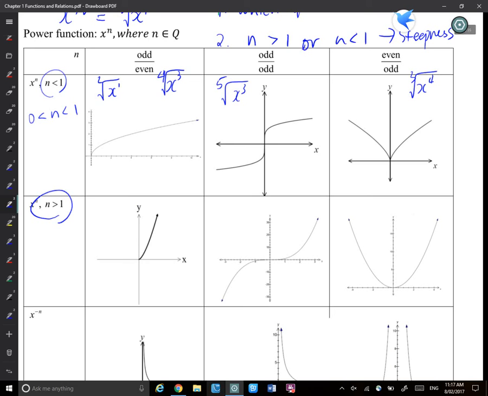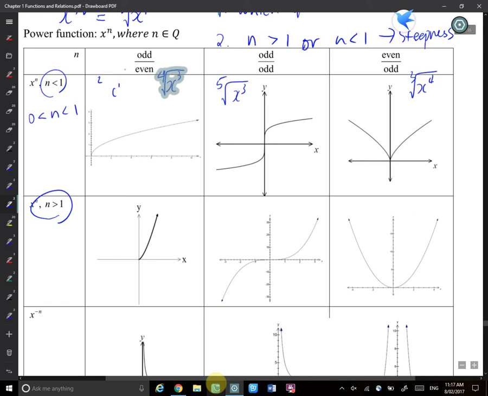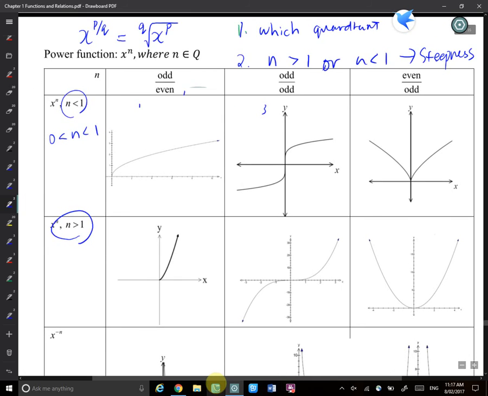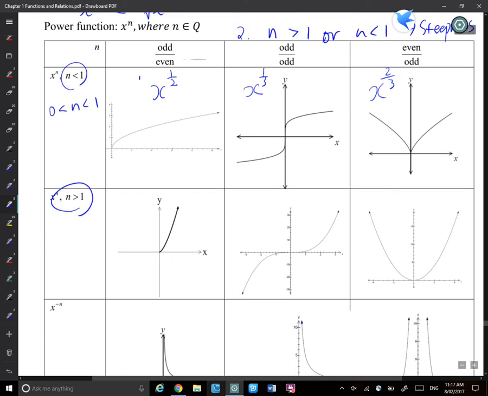Okay, the next thing, I will give you some examples of what the graph will look like. This one is x to the power of a half. This one is x to the power of a third. And for this one, we don't really know what type of graph that should be, so the easiest one will be 2 over 3. And for the bottom one, we have x to the power of 3 on 2.